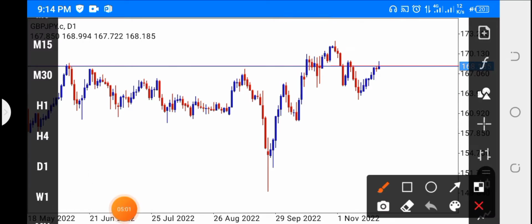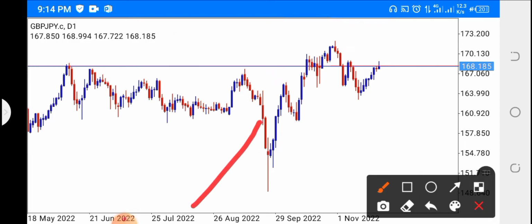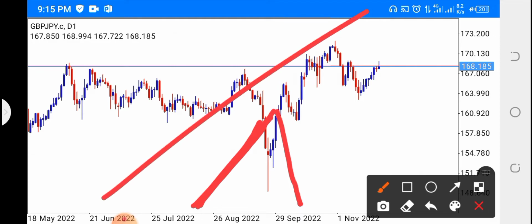Now, to confirm that a trend is bullish, it has to break a previous structure. This is a movement up, which is an expansion or an impulse movement. So for price to continue this impulse movement, it has to also retrace back. The reason is that price does not just move straight ahead like this.